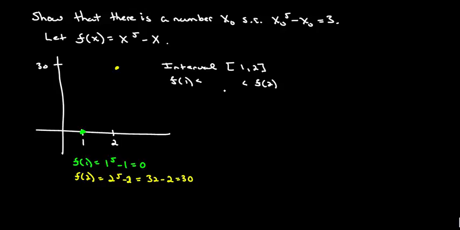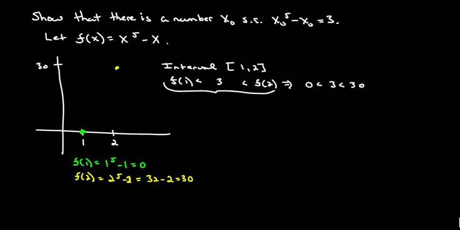And the number that I want to show is in between there, I want to show that this function is, at some x value, equal to 3. I know this is true because f at 1 is 0, which is less than 3, which is less than 30.